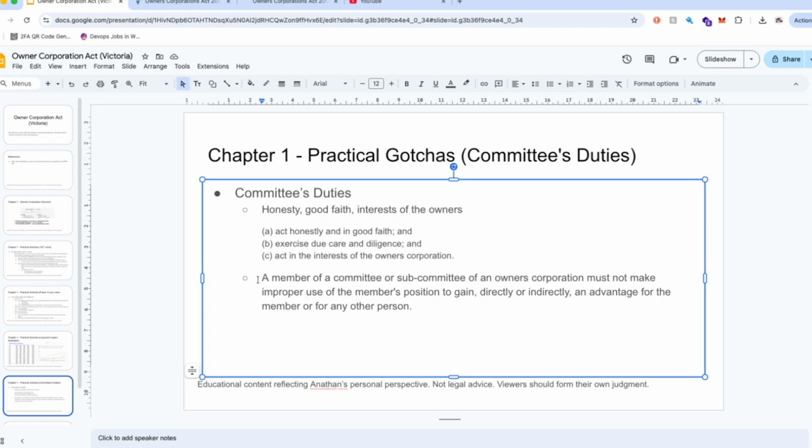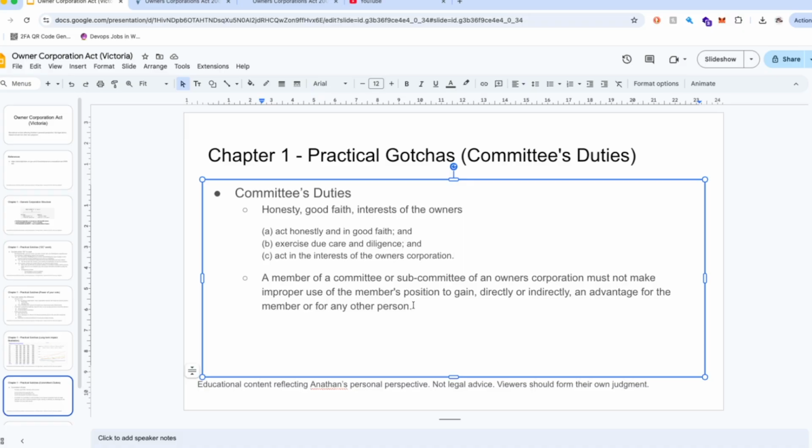The next thing is also very important. Here it says, a member of a committee or a subcommittee of an OC must not make improper use of the member's position to gain, directly or indirectly, an advantage for the member or any other person.